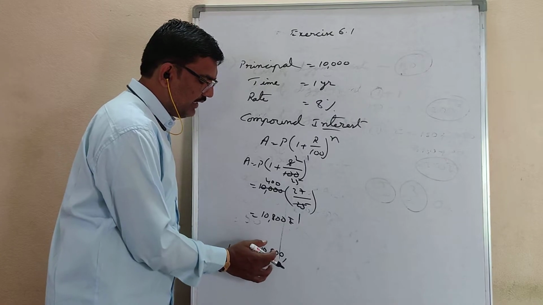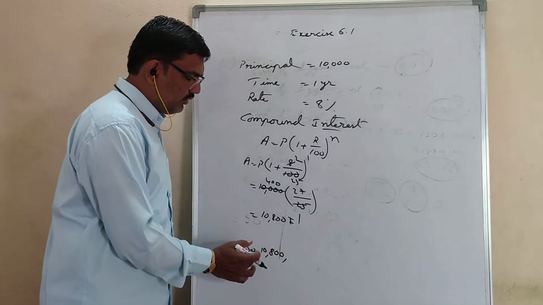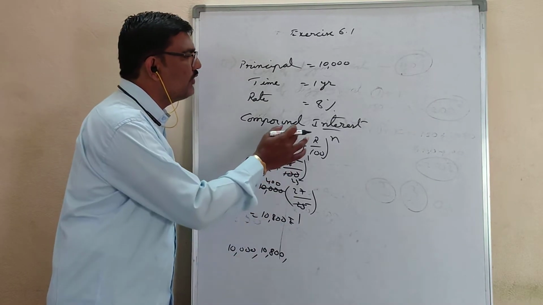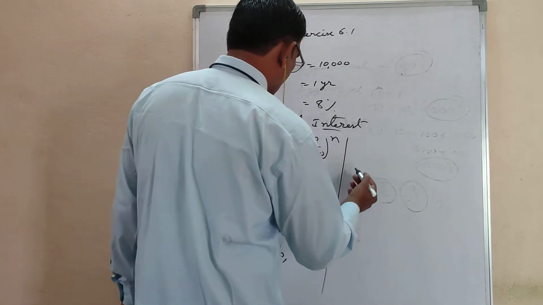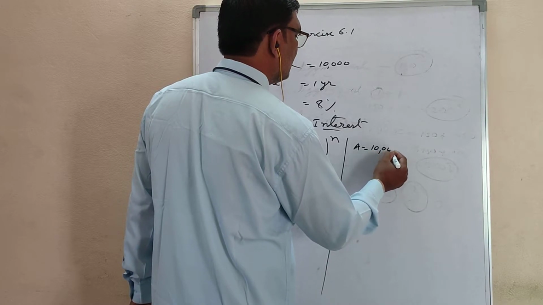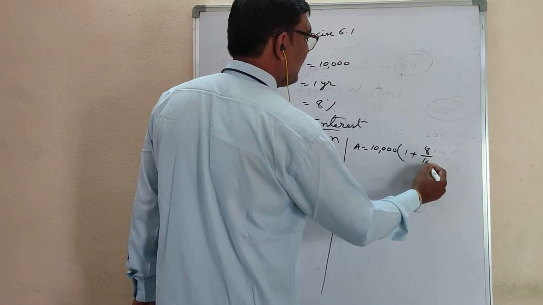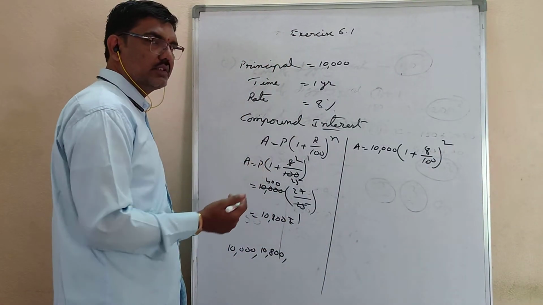So if you want to find out next year, you can take 1 year but the principal should be changed. What is the principal here? 10,800. Okay. If you want to take principal as 10,000 and 2 years, you have to use this formula. Now for 2 years, amount is equal to principal 10,000, 1 plus R, here 8 by 100, and here I am writing 2 because after 2 years.